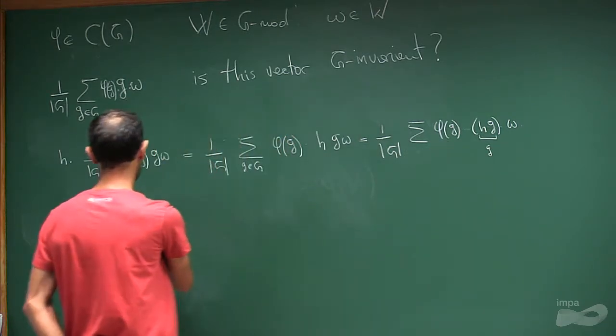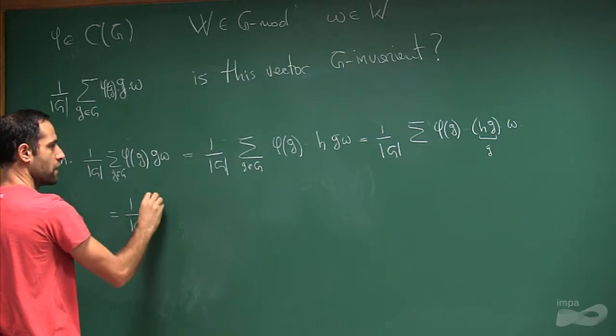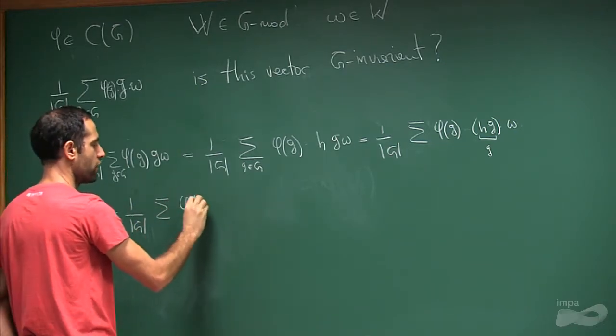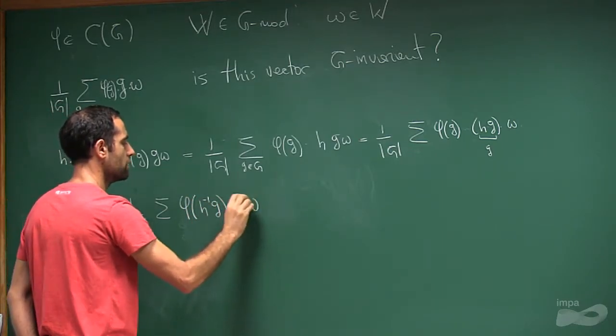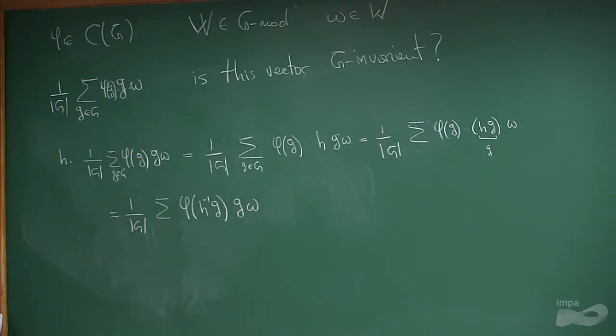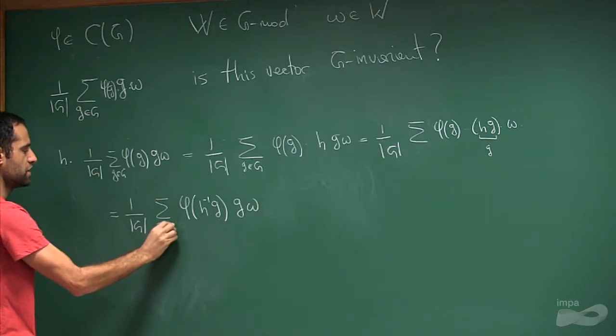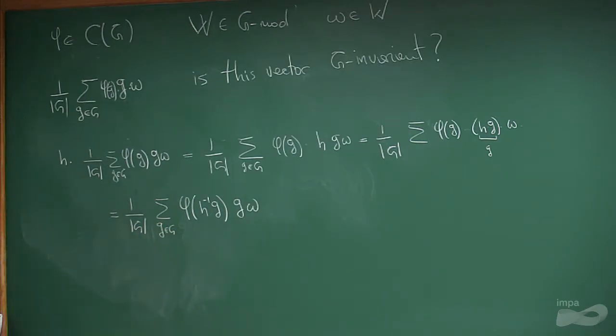So this is the same thing as the sum of 1 over |G| of this function phi of h inverse times g, g acting on w, for g in G. And now if phi of g was equal to phi of h inverse times g, then I would be done. But that's not what having a class function would give me. Okay? So in principle, for a generic representation, there's no reason for these two things to be the same.